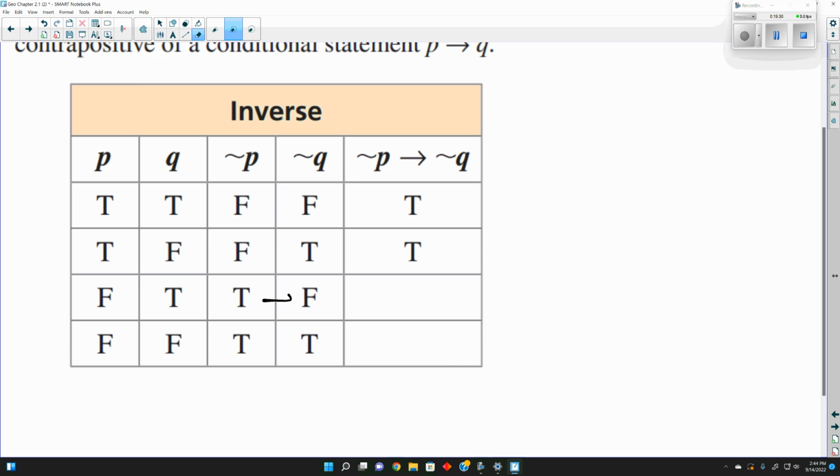So the bottom one would be indeed true, and the one above it is false. Because true implies false is false. True implies true is true. Whenever the hypothesis is false, the whole thing is true. Doesn't matter what it is, because if the hypothesis is false, the whole thing becomes true.